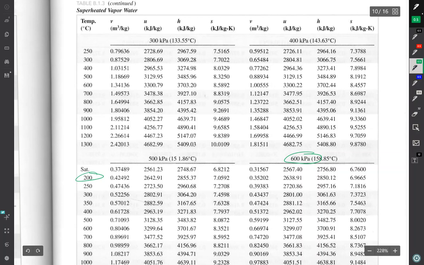So we're looking for H, which is this column here. So our number, if I'm looking at it right, is 2850.12, and the units are kilojoules per kilogram.